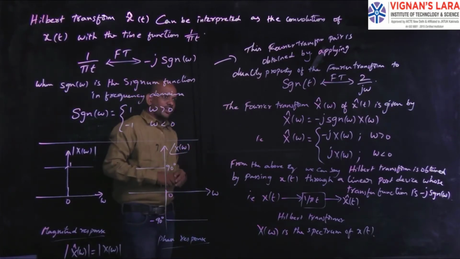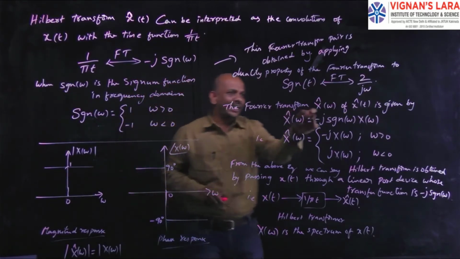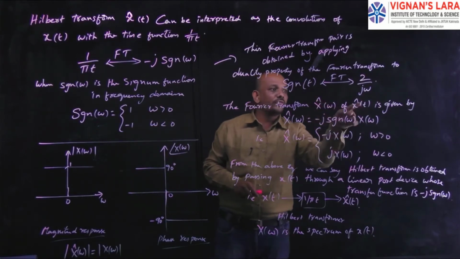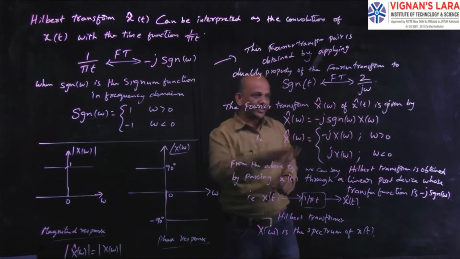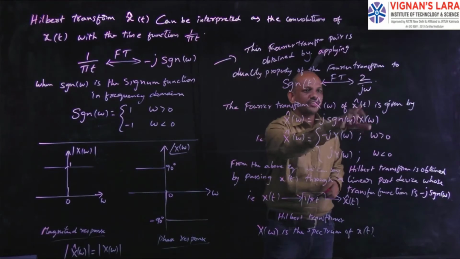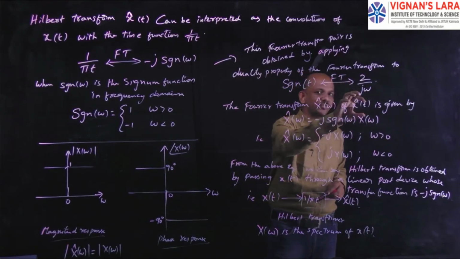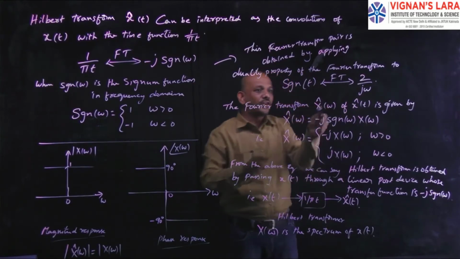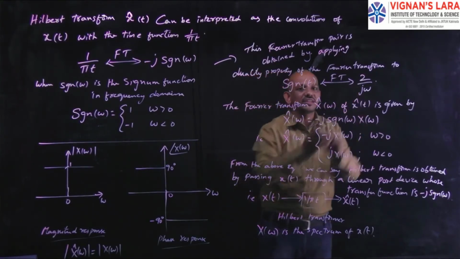Now the Fourier transform of x cap of t. Here x cap of t is the Hilbert transform of x of t, and capital X cap of omega is the Fourier transform of the Hilbert transform of the signal.